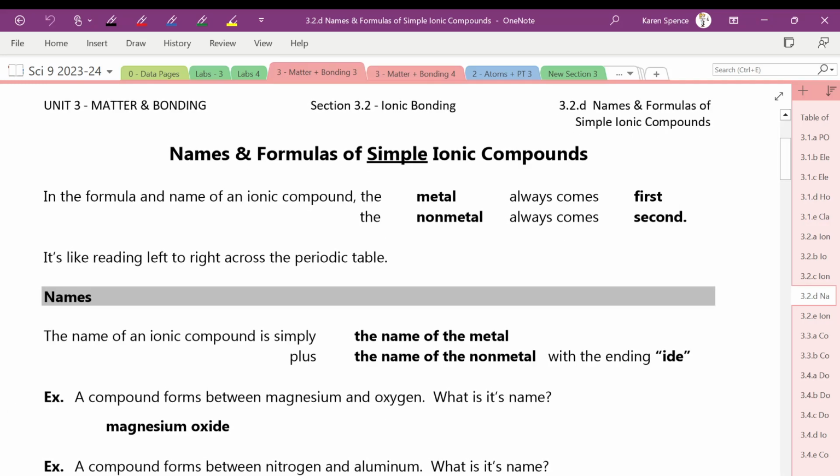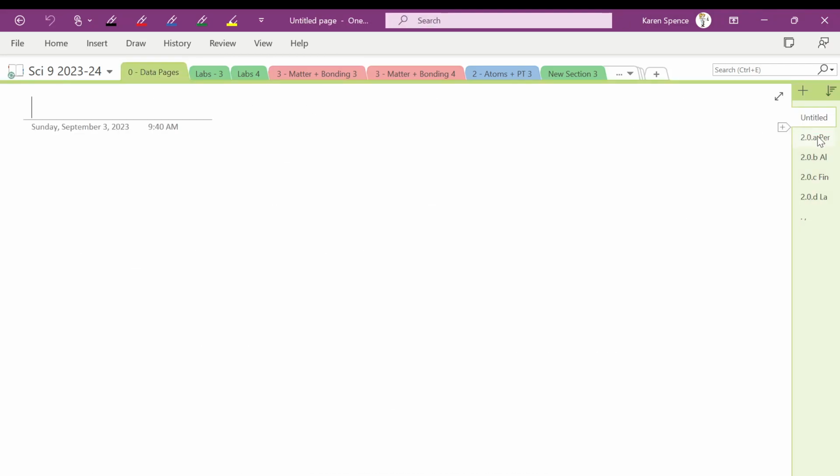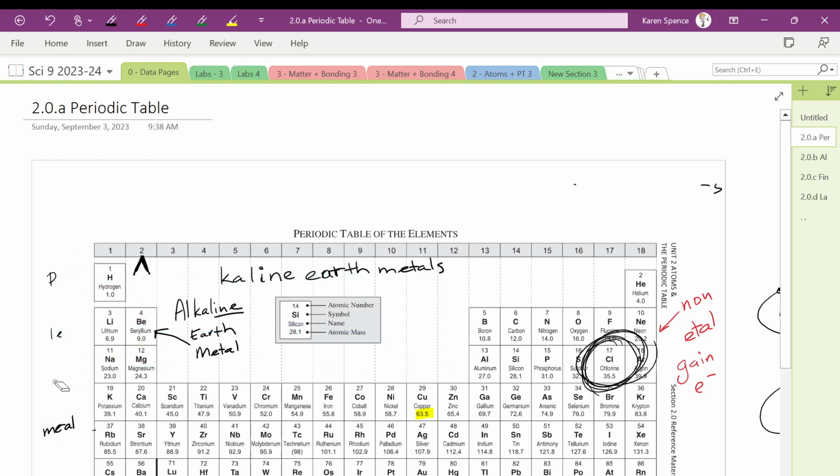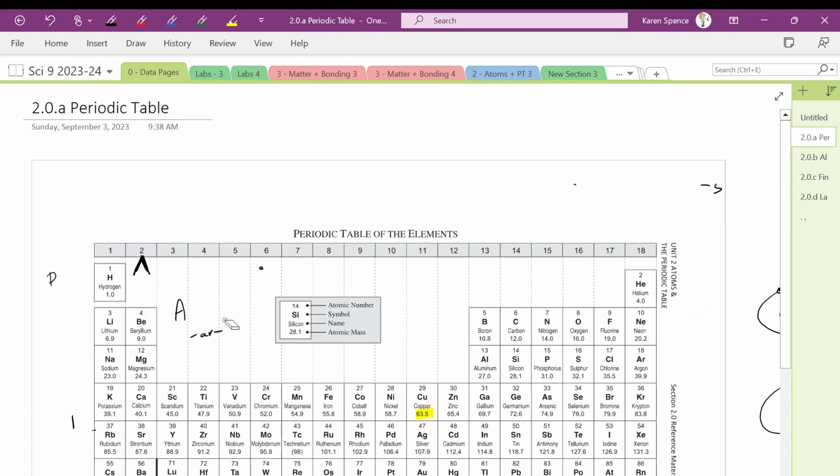Names and formulas of simple ionic compounds. So when we name things, actually, let's just take a quick look at the periodic table. On our periodic table, where are the metals?